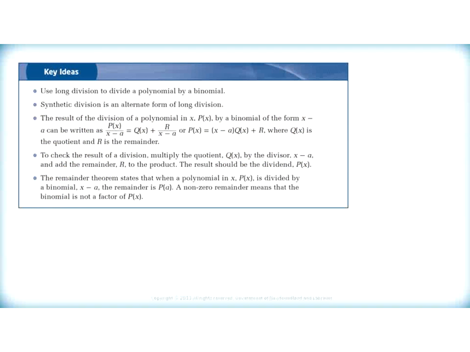As a summary of the key ideas in this section, you can use long division to divide a polynomial by a binomial, and synthetic division is simply an alternate form of long division.